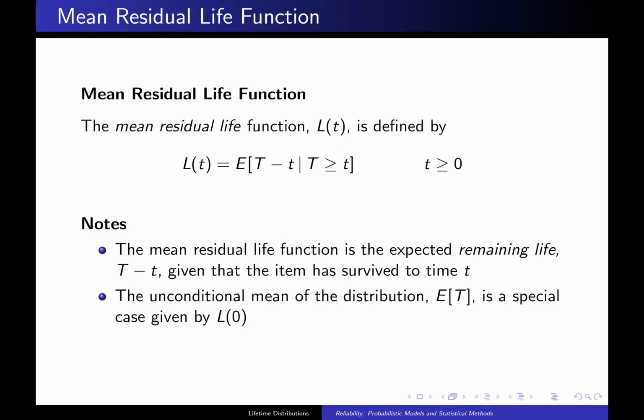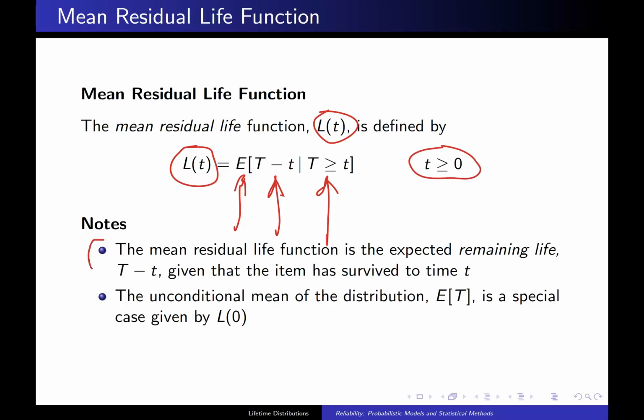The last of the 5 is the mean residual life function. The mean residual life function L of t is defined as the expected remaining lifetime given that the item is operating at time t. And once again, the support on that is t greater than 0.